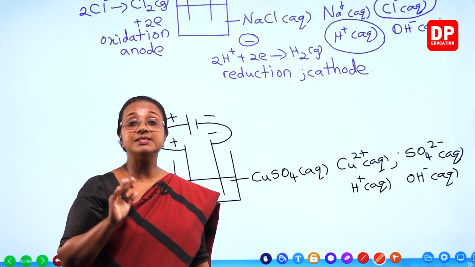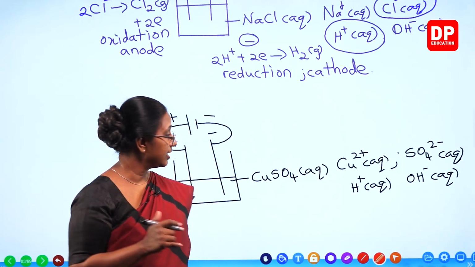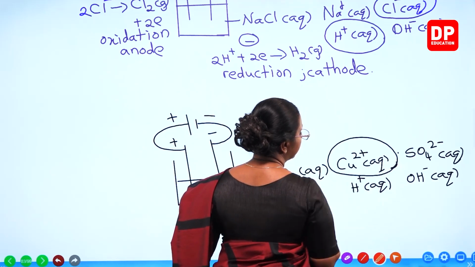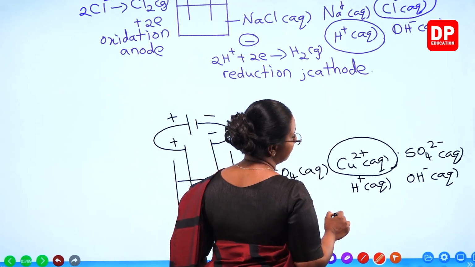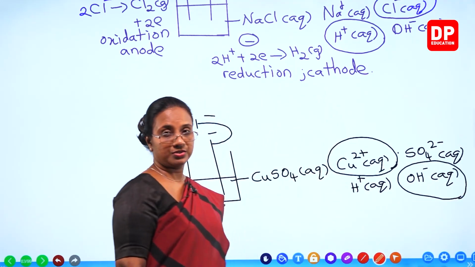That is, copper is less reactive than hydrogen. So copper is the one that will undergo reduction. So here of course it's going to be copper that undergoes reduction. And out of the two negative ions, it is hydroxide ions that undergo oxidation.